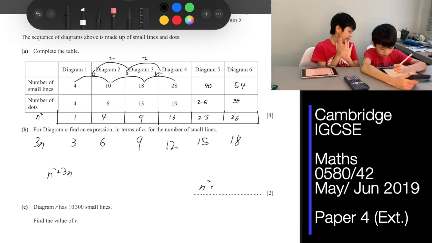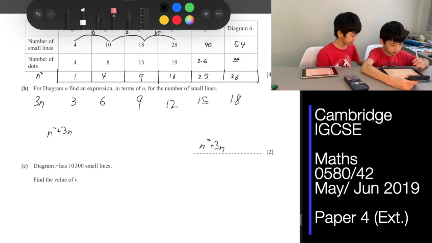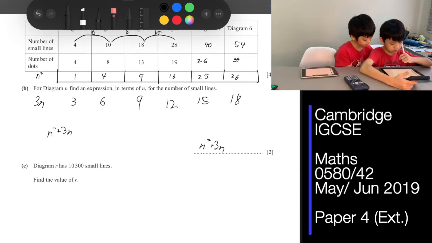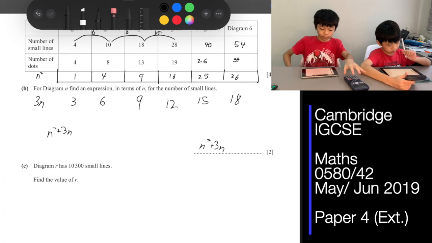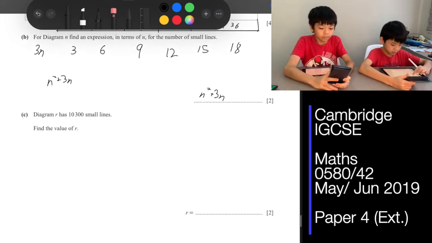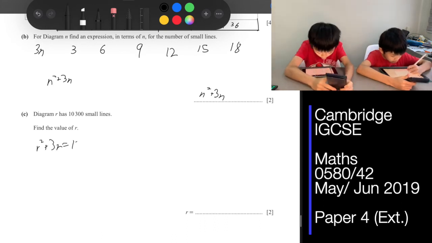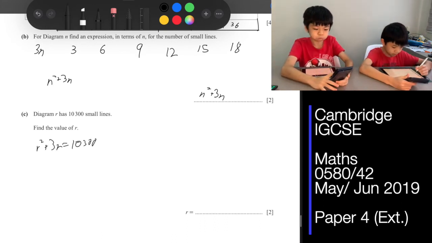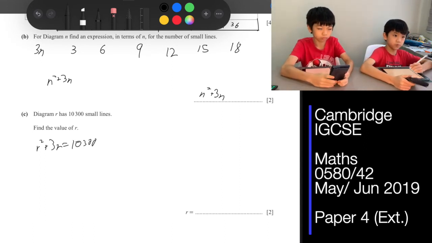N squared plus 3n. Okay, for the next question, 11c, diagram R has 10,300 small lines. We need to find the value of R. So it's basically the nth term, but then n is equal to R. So R squared plus 3R equals 10,300.